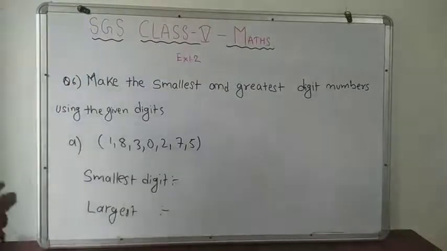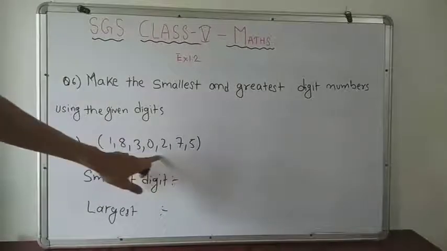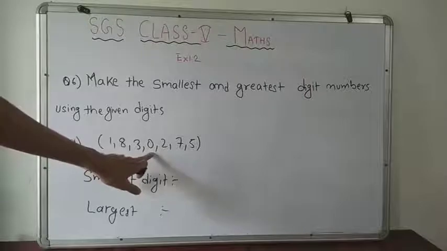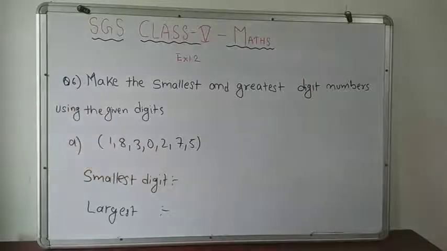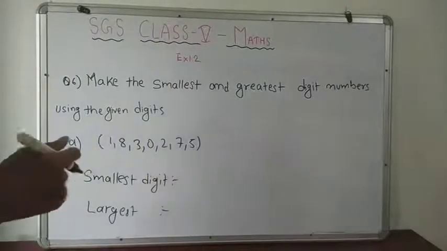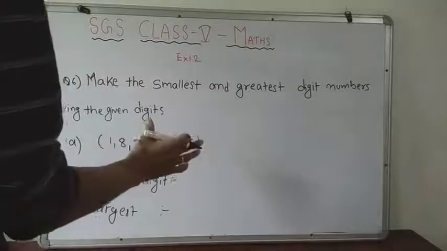As you know, if we compare the digits, the smallest digit will be 0. So if you are going to form any number, you should not place 0 in the first place. Why? Because if you place 0 in the first place, the number will have fewer digits.